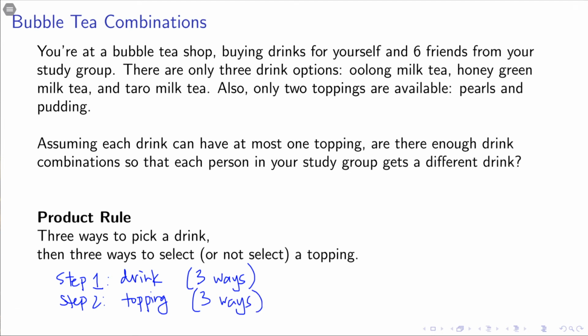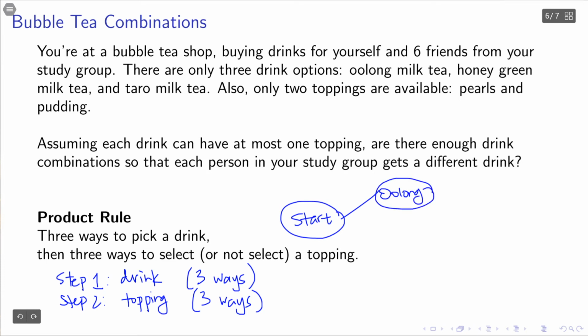We can even visualize this as a tree. So your first decision here would be to pick from among the 3 possible base drinks. Oolong, honey green, or taro milk tea.